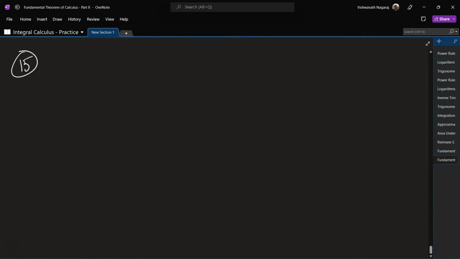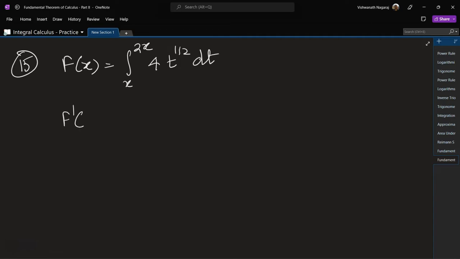15th one. Capital F of x is equal to the integral from x to 2x of 4t to the power of 1 by 2 dt. Okay, let's differentiate both the sides.